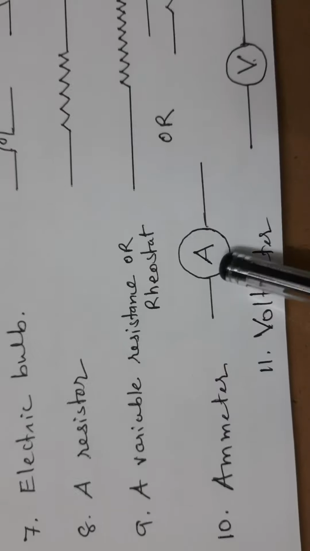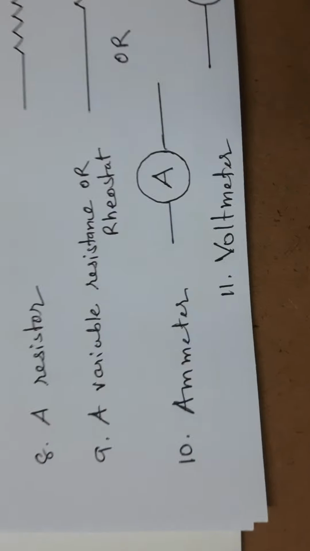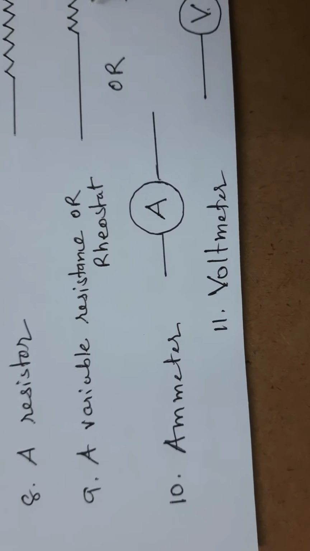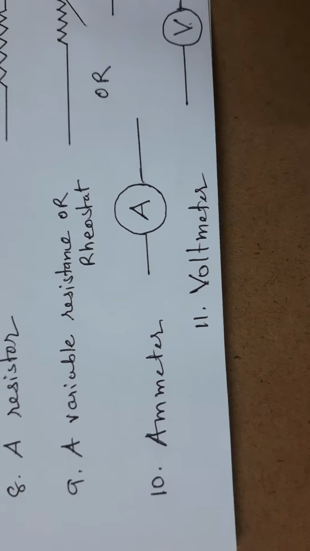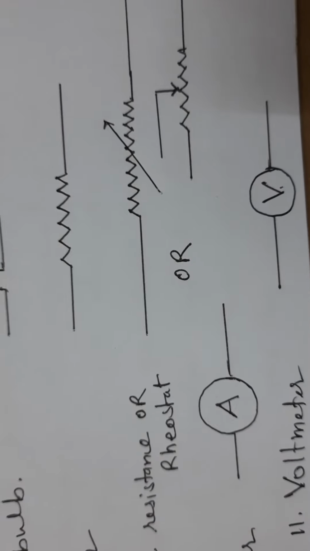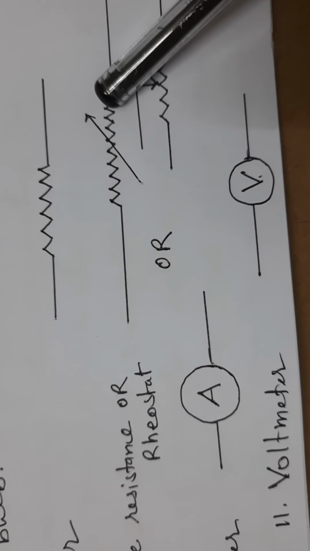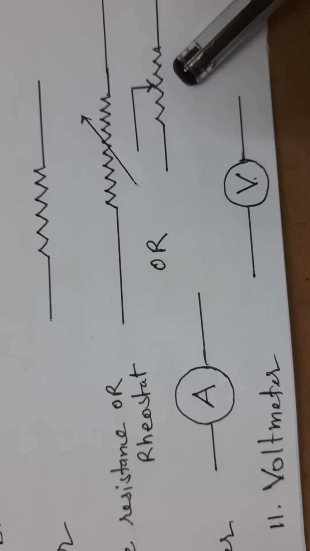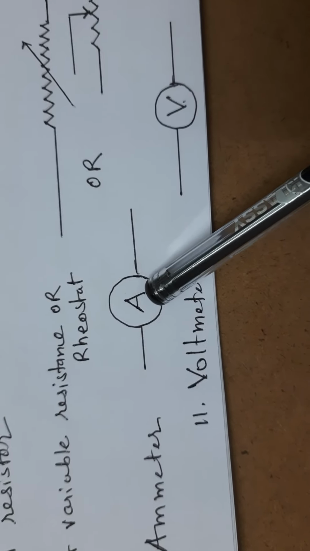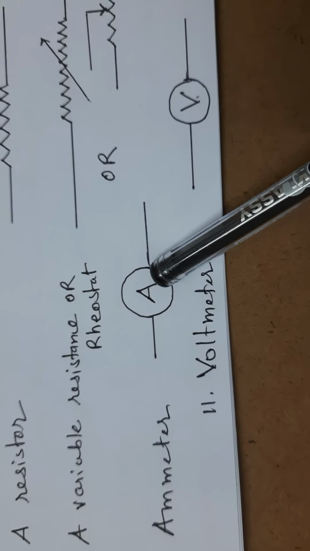And this is an ammeter and that is a voltmeter. One is the ammeter, which measures electric current. The other is the voltmeter, which measures potential difference. You can either draw it in this manner or you may draw it in this manner. So ammeter measures current. Remember, an ammeter is always to be joined in series.